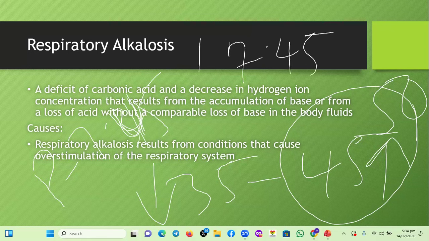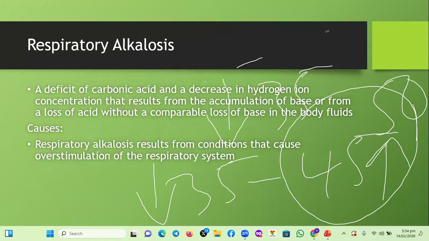In respiratory alkalosis, pH should be more than 7.45, and then carbon dioxide should be less than 35. This is what we will see in terms of the labs.